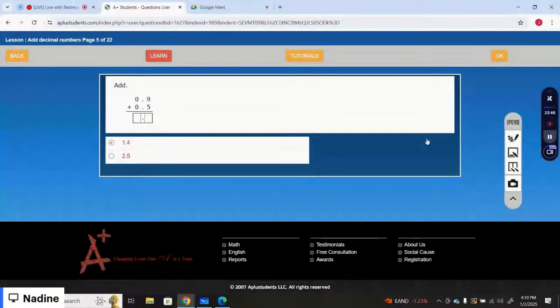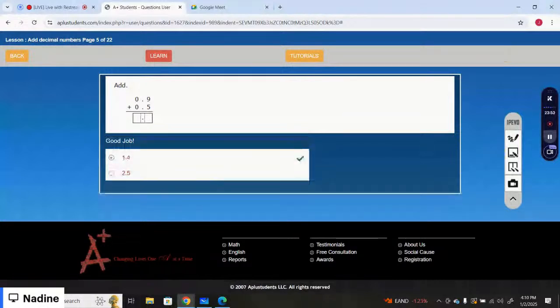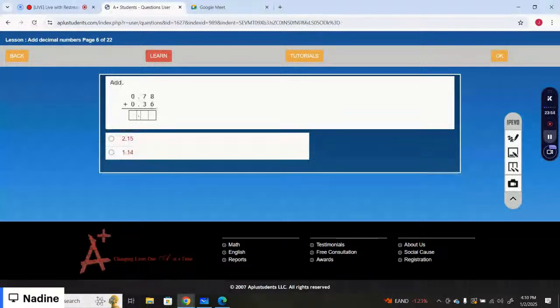That is 1.4. Option number 1 is the correct option. 0.78 plus 0.36, which is the correct option?